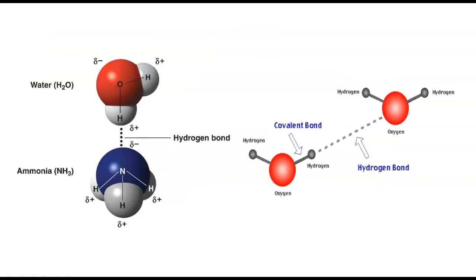You can see another picture which shows us how a hydrogen bond forms between water molecules. This is hydrogen, delta positive, and this is oxygen, delta negative, and this is a kind of attraction between them because of their opposite charges, right?